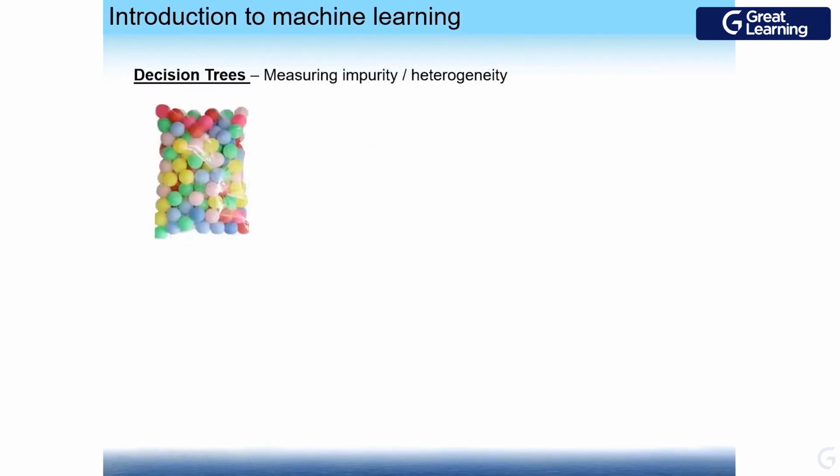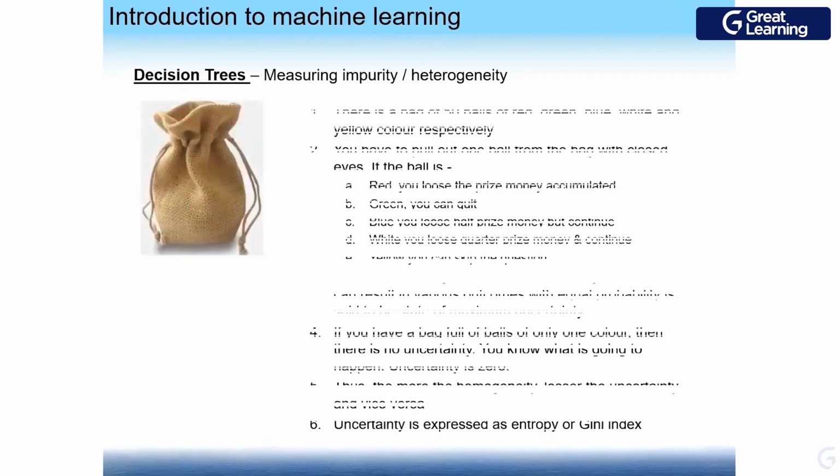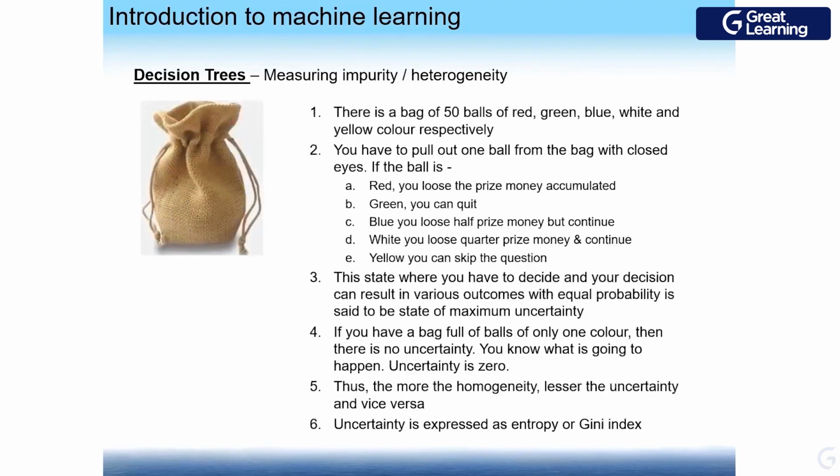You have a bag full of color balls. This bag is covered inside a cloth bag, and you're asked to pull out one of these balls. You don't know which ball is going to come out, and each color can take you to a different situation. So you don't know what situation you're going to end up in. Maximum uncertainty.